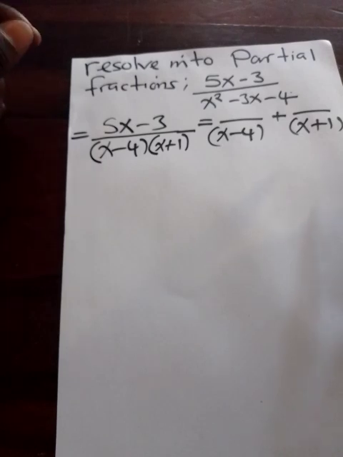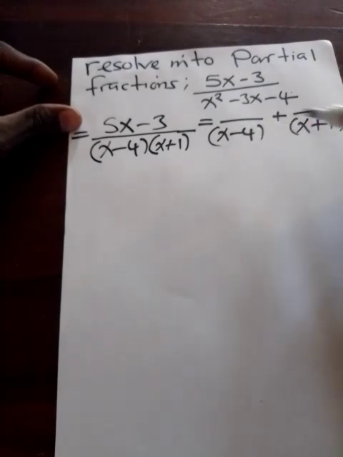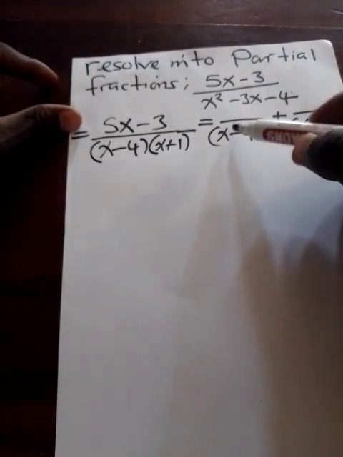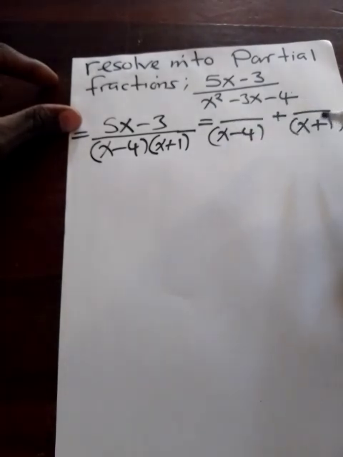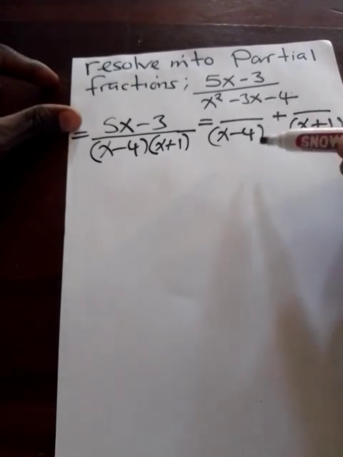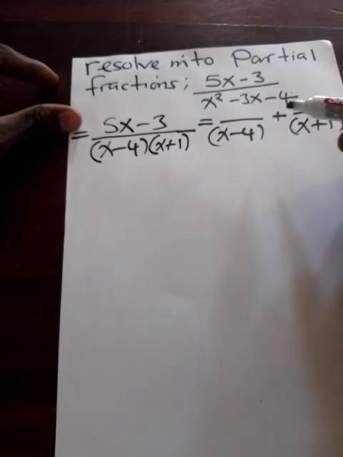Now the numerator should always have a degree that is less than that of the denominator. If you check on both of these, you will find that the degree of x is just 1, even here it is 1. So whatever we have on top should have a degree less than that of the denominator. Since the degree here is 1 and here the degree is 1, the only way that the degree of the numerator can be less than that of the denominator is when you have a constant.